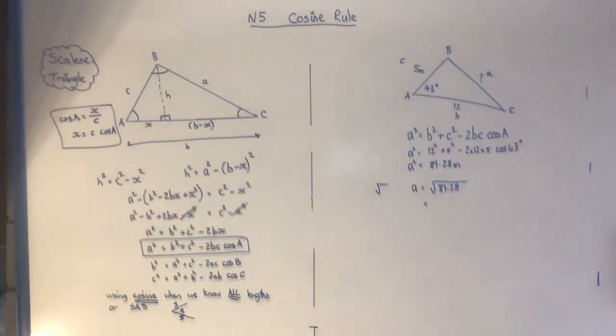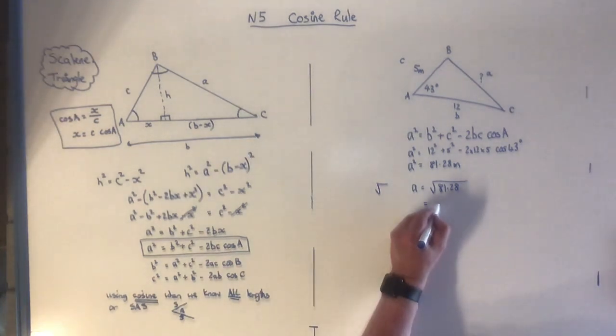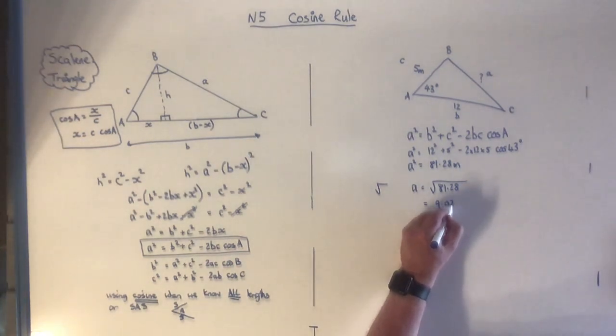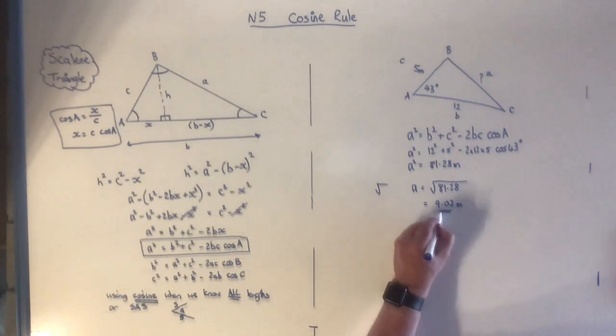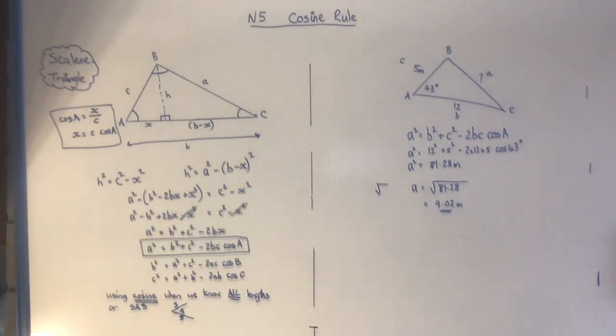Let's see what we get with the calculator. 9.02 metres. And that's the length of BC there, the question mark that we were trying to find. Okay, that's quite simple once you know the formula, and just plug in the numbers. Again, about 3 marks for that one, I would imagine, in the exam.